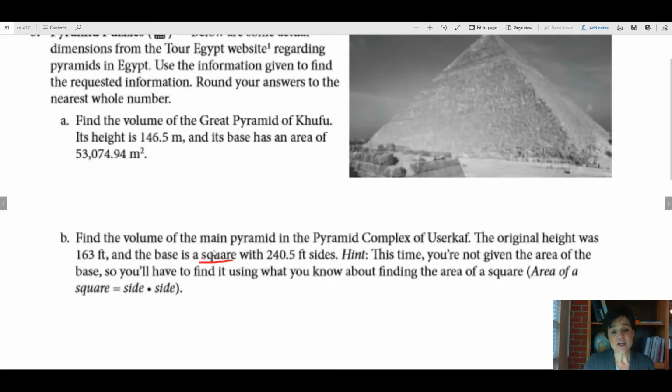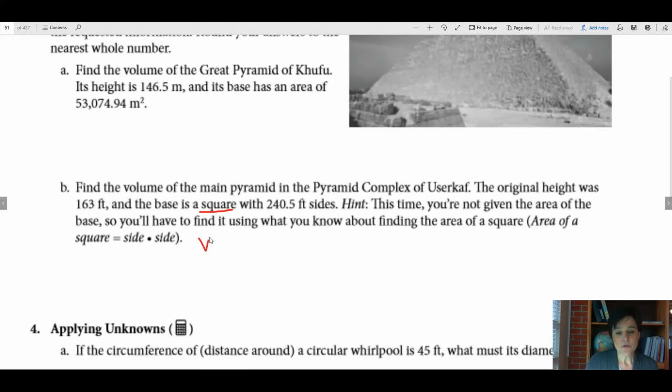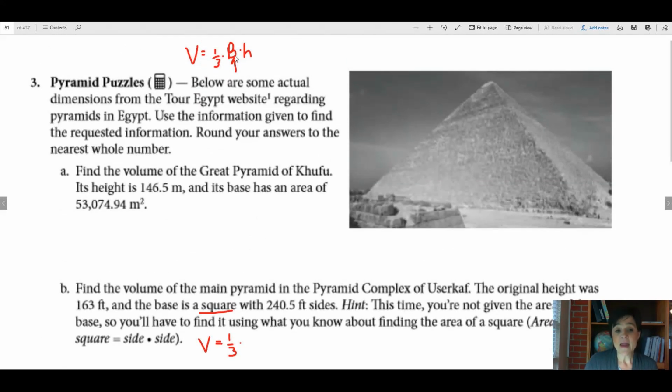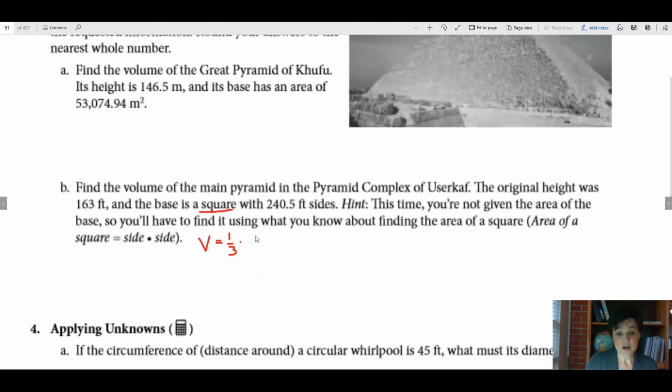In fact, let me kind of show you how you would write this out. You may already know. I hope you do. Now, times, the next one is the area of the base, which we're going to figure out. So we're going to put this in parentheses because the area of the base is 240.5 times 240.5.